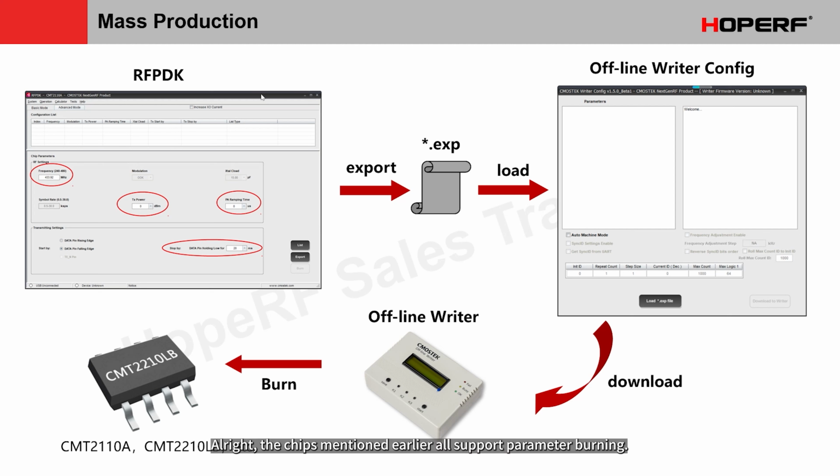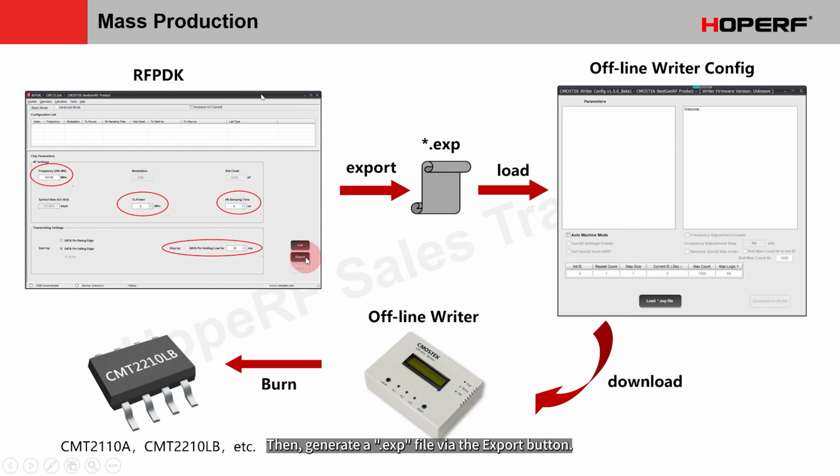Alright, the chips mentioned earlier all support parameter burning. In the R&D stage, you can use the RFPDK host computer software and the USB programmer tool for small-scale testing. So, how to achieve this in mass production? Rest assured, for mass production needs, we can follow these steps. First, set the parameters in RFPDK.